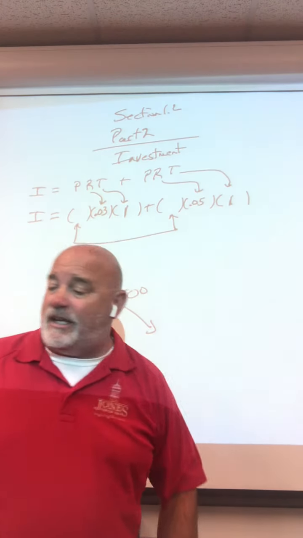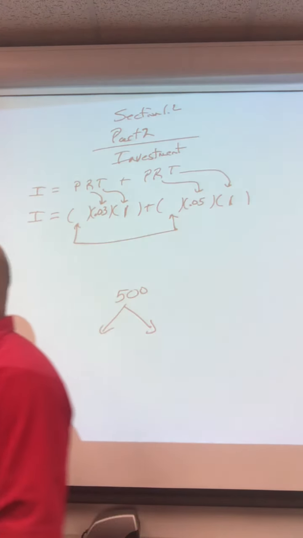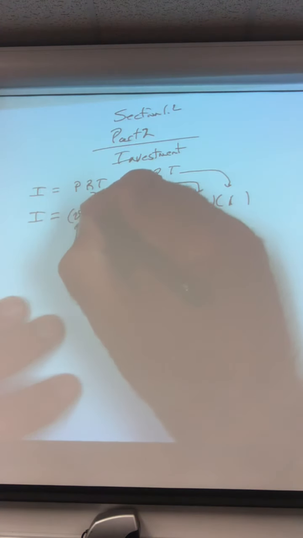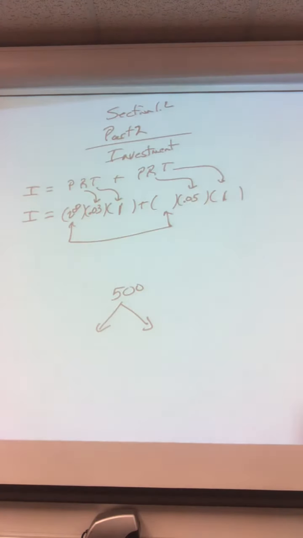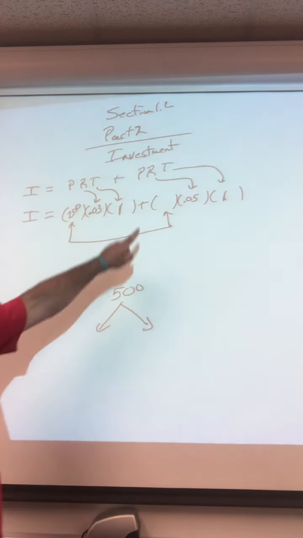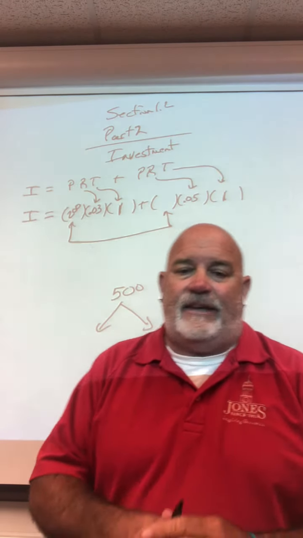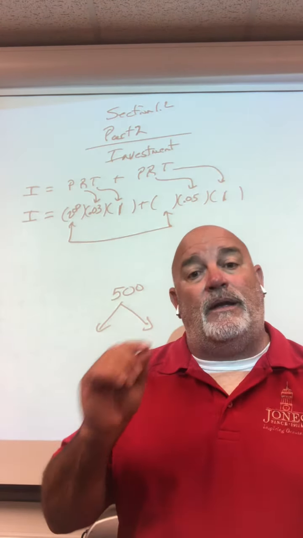Now, how much did it say he invested at the 3%? Look back at the problem. How much? $200. Now, did it tell me how much he invested at the 5%? Yes and no. It didn't come right out and tell me, but what did it say?